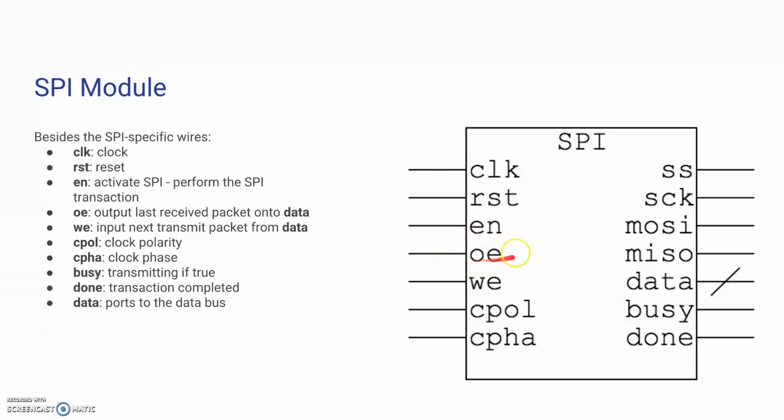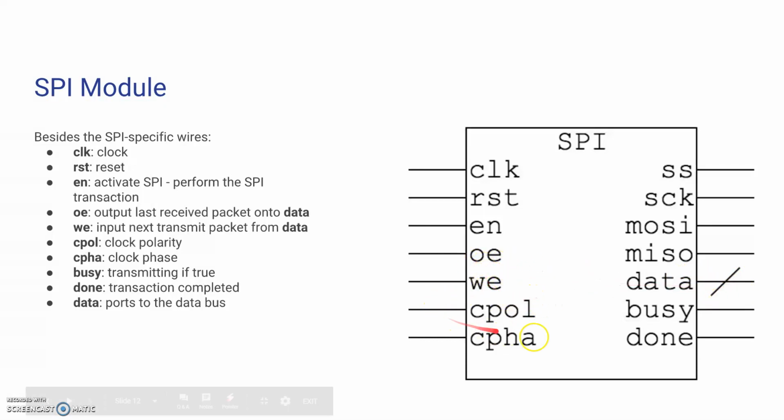Then we have the output enable, which outputs the last received packet onto this data bus. The write enable is then what is used to input the next transmit packet from the data bus. So this implies that this data bus, this port here, is bidirectional. It's an input and an output.